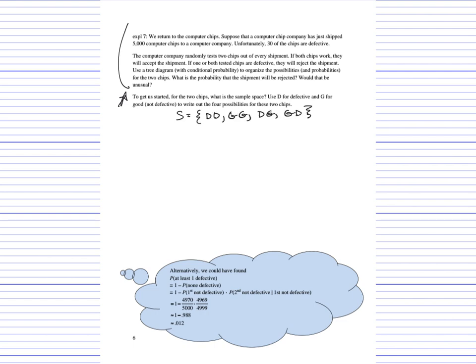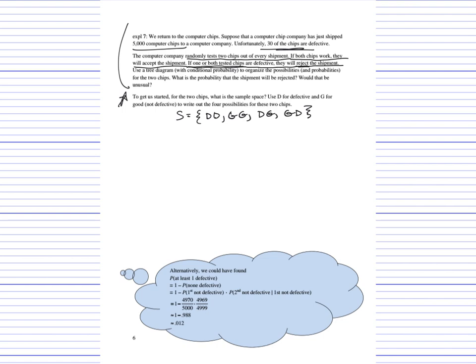Okay, so again, we are kind of thinking about this box of computer chips. There are 5,000 computer chips in a box. 30 of them are defective. The computer company is going to randomly test 2 chips out of every shipment. If both chips work, they will accept the shipment. If one or both tested chips are defective, they will reject the shipment.